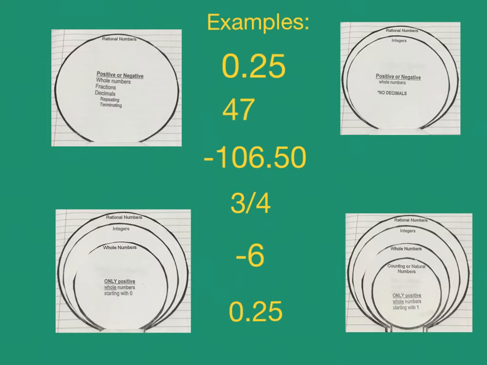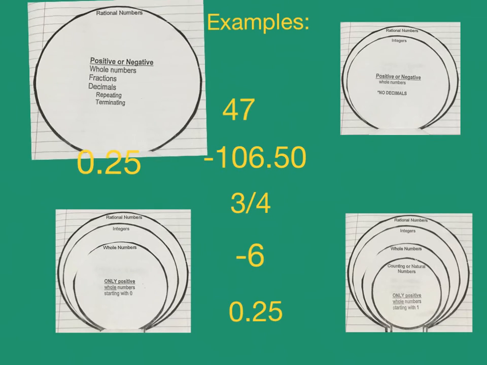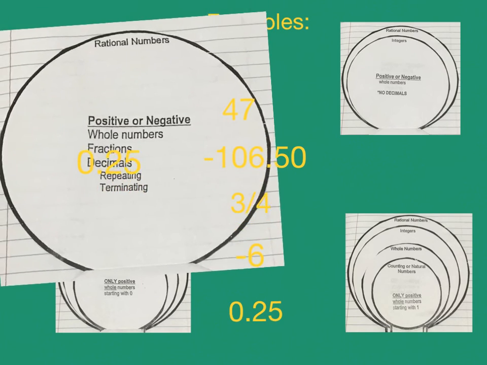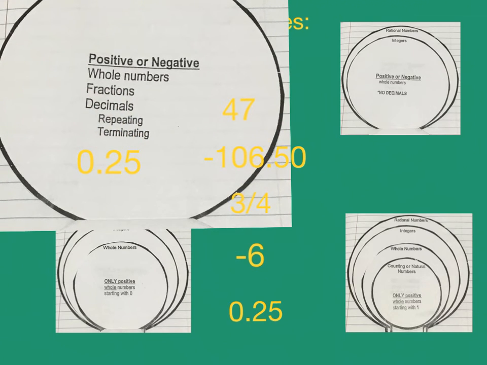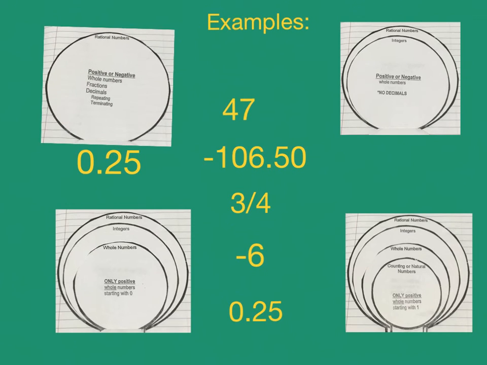So looking at these, I have 0.25. I'm going to move this over to here. Is this a rational number? Well, I can look on my foldable, and on rational numbers, it does say it can have a decimal. So this would be a rational number.